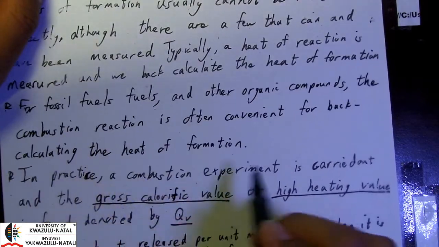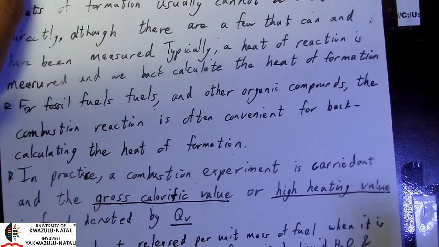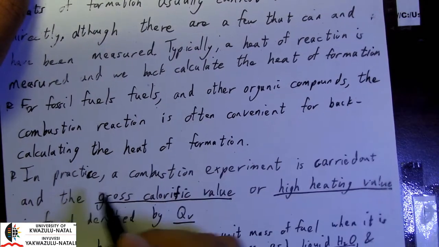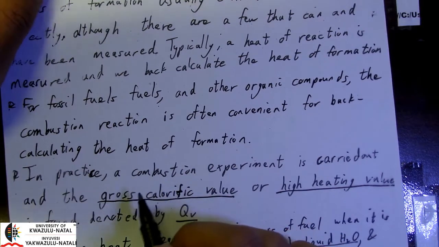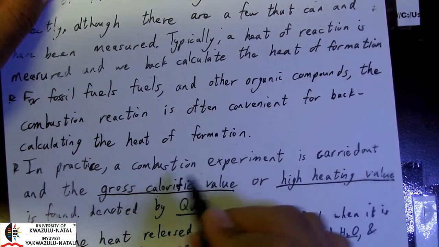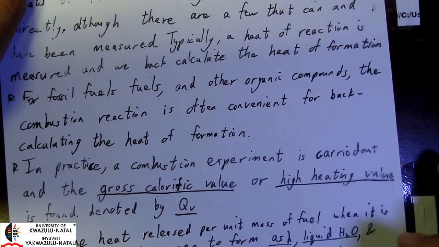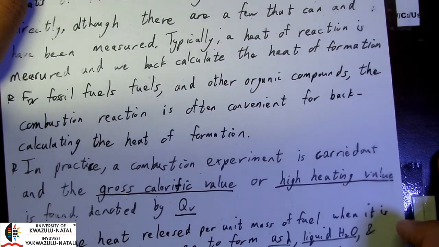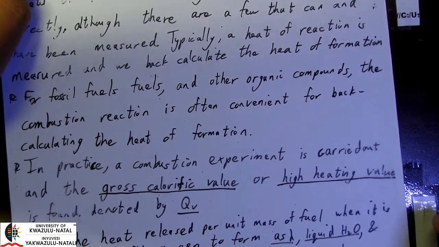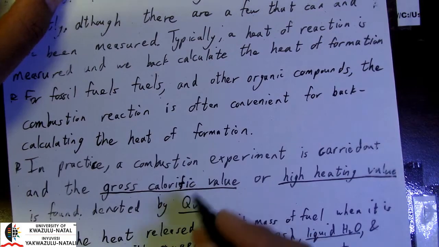Now, this particular combustion experiment that I've been talking about, so remember we burn our fuel and we ultimately measure the heat. This measurement is done by measuring the gross calorific value, or the high heating value, and this is denoted by QV.